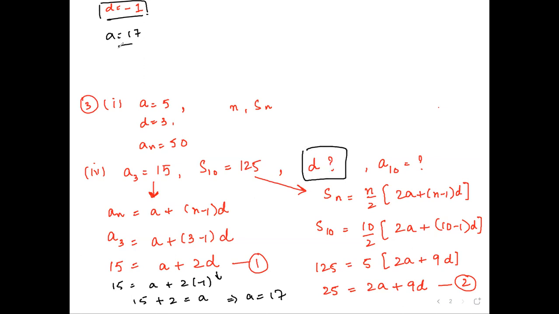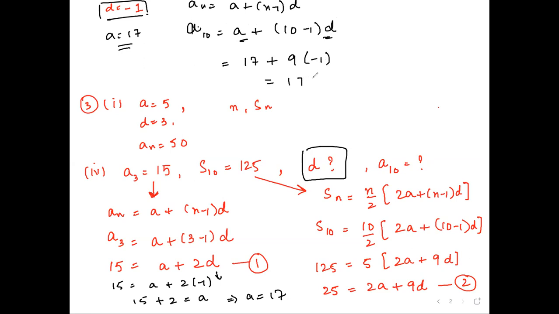Now I'm finding a because I have to find a10. The formula of an again: an is equal to a plus n minus 1 into d. You have to find a10, so a10 will be a plus 10 minus 1 into d, because you need a and d both. Now put a and d here. So 17 plus 9 into -1.